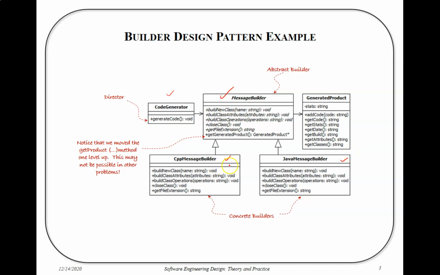Both use the same steps but with different implementations. The CPP builder will produce C++ source code, and the Java message builder will produce Java source code. Both concrete objects will interact with the generated product, which is where the code is stored, as a string inside this class.